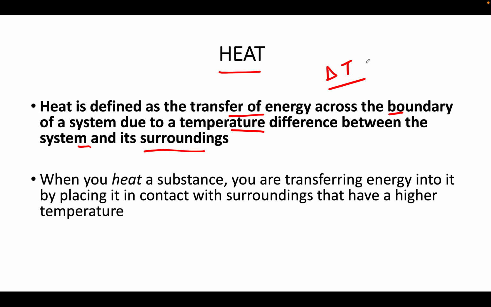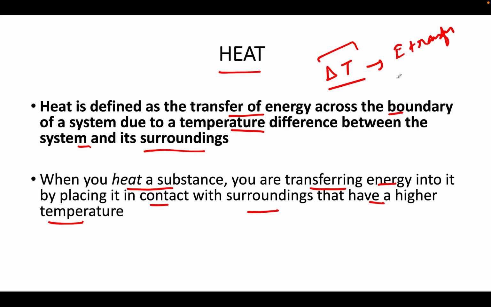That is heat. It is a form of energy. So when you are heating a substance, its temperature is rising, but you are also transferring some energy into it by placing it in contact with the surroundings, which is at a higher temperature. So due to the change in temperature, energy is transferred.